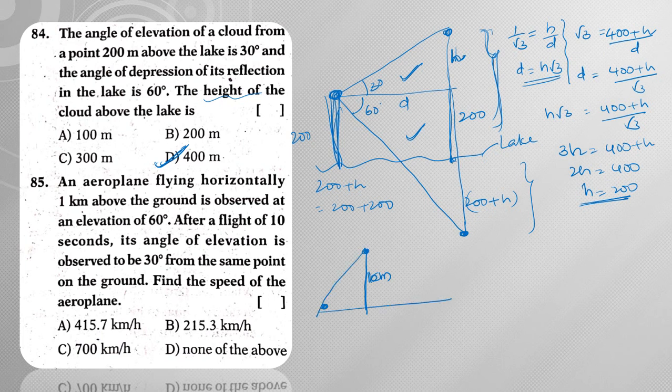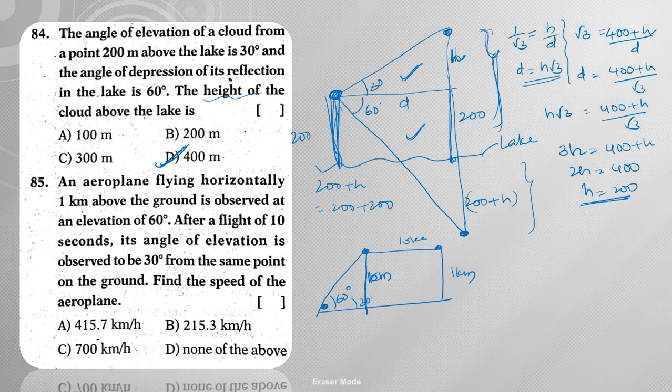From here, if I observe, it is making an angle of 60 degrees. Next, after 10 seconds, the aeroplane is moving at the same constant height of 1 kilometer, and the angle of elevation changes to 30 degrees. Now we need to find out the speed of this particular aeroplane.